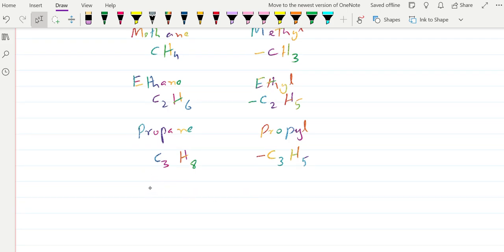Similarly, for butane, it will be known as butyl. Butane is C4H10, and in the case of butyl it will become C4H9 and one more valency.